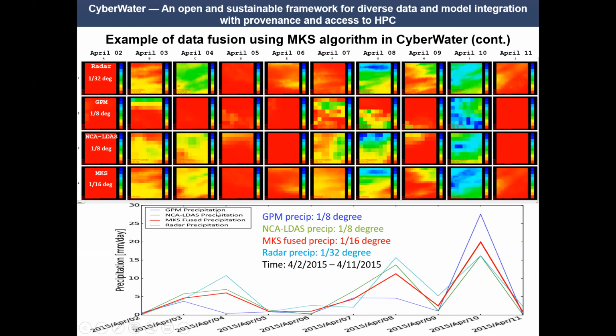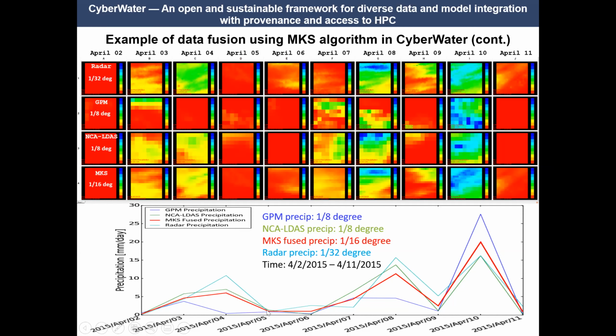But sometimes their magnitudes and the spatial patterns are quite different from each other among the 3 precipitation data products. And so with the CyberWater system, you can easily bring this data into the system and display them and analyze them. Not only that, but also you can fuse them using our MKS algorithm by taking advantage of the strengths of each data product.